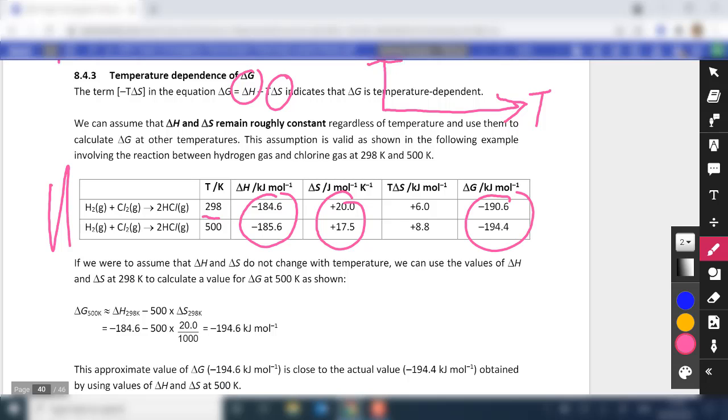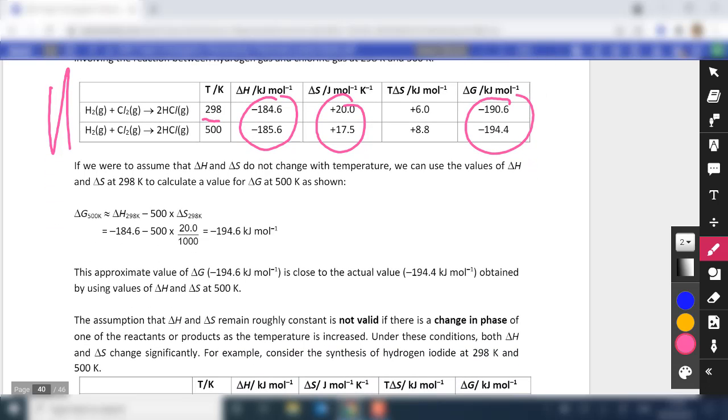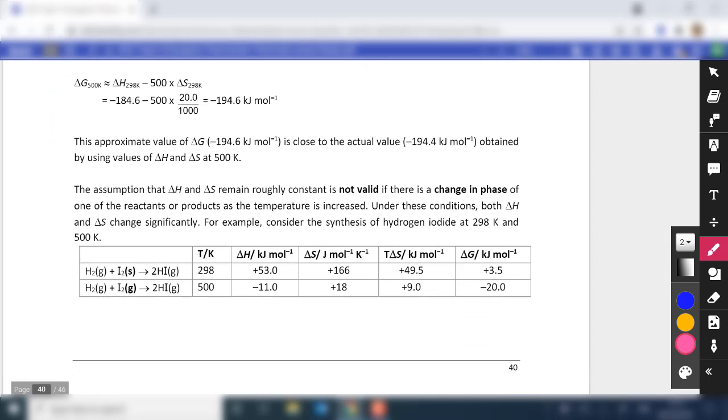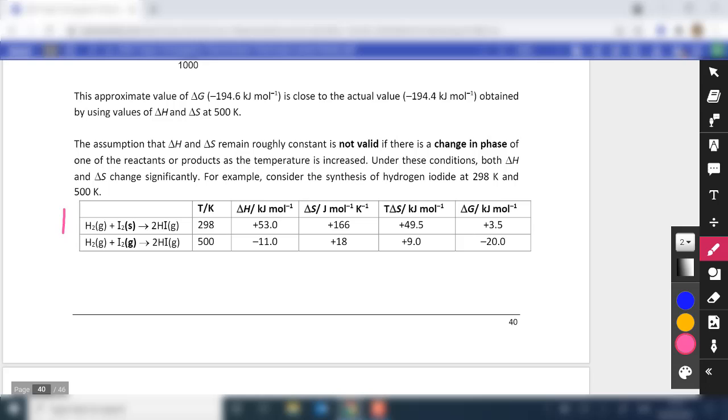Sometimes in our calculation, because we are not very sure, we might just assume that the delta H and delta S values do not change appreciably with temperature. But of course, that is assuming that they are still in the same states. Whenever there's a change in states, there is likely to be a drastic change in those values.